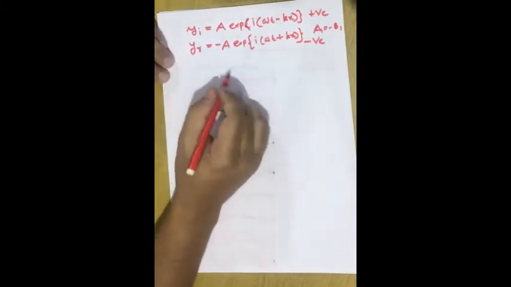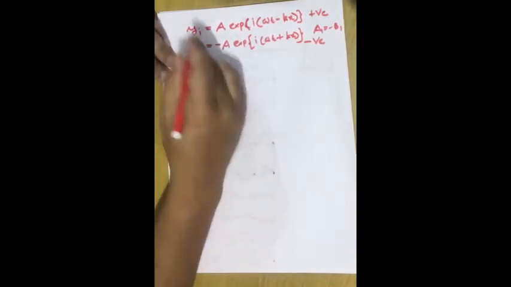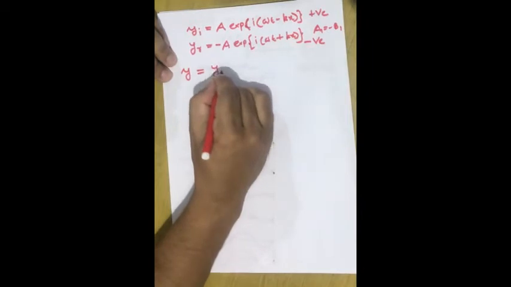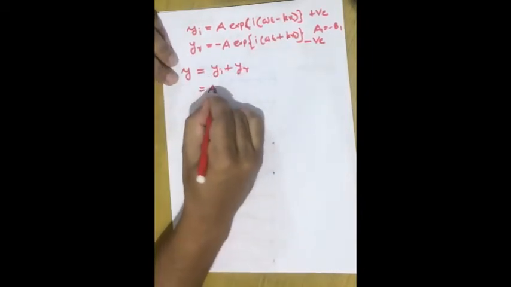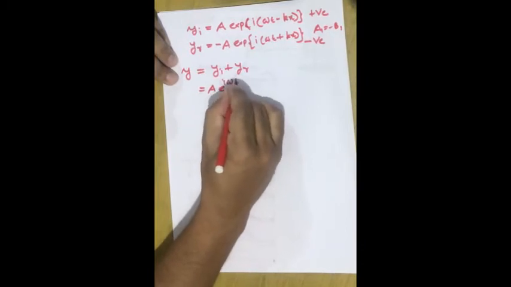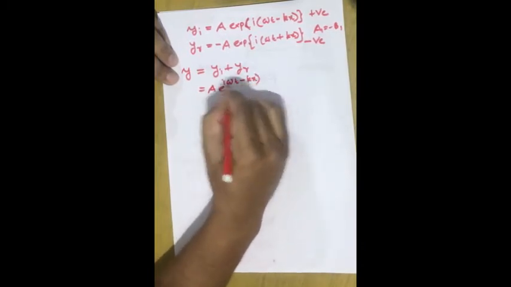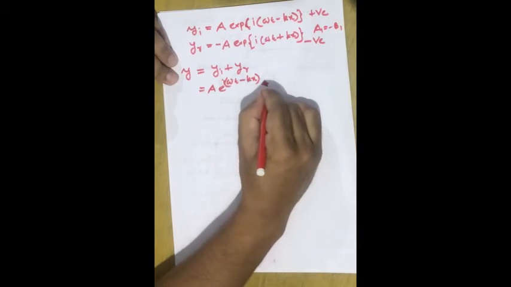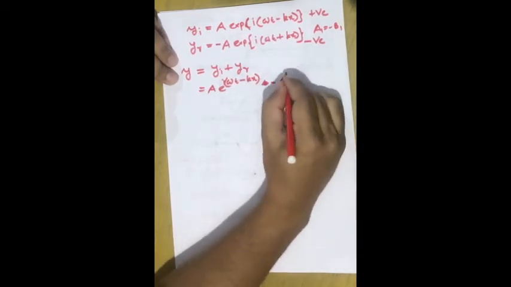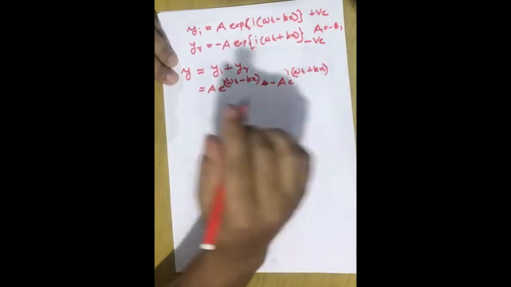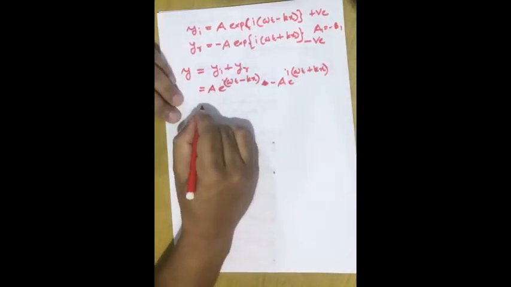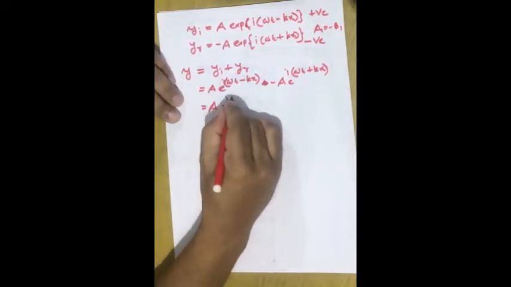So we have to superimpose these two oscillations to get the resultant oscillation, yi plus yr. This is a e^{i(ωt minus kx)} plus minus a e^{i(ωt plus kx)}, right? So we are going to take a e^{iωt} as a common factor.